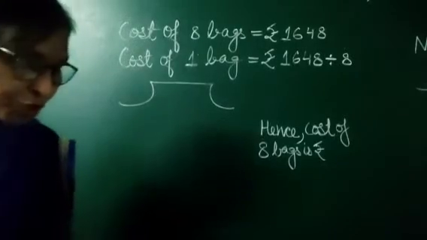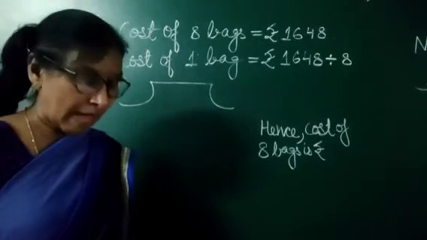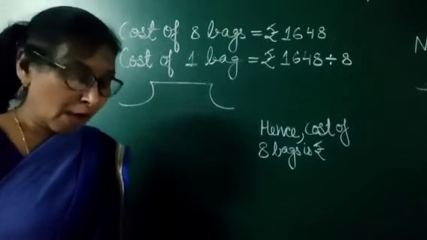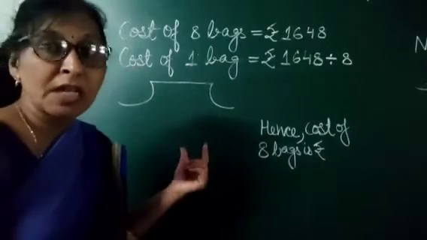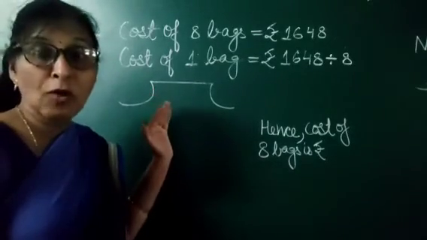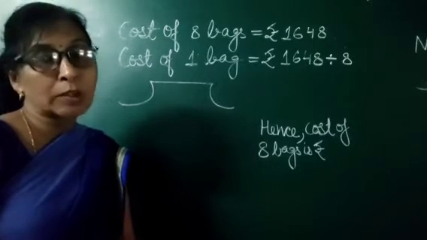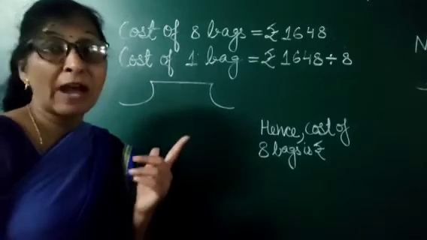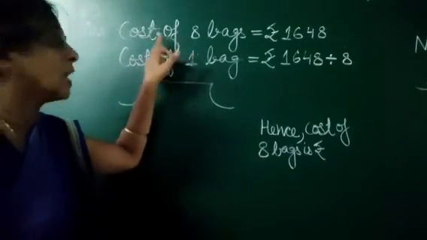Now I read question number 3 from the book. The cost of 8 bags is rupees 1648. Find the cost of 1 bag. Children, here the cost of many items is given and we find out the cost of 1 item. Then we divide. Now we write the statement in this way.